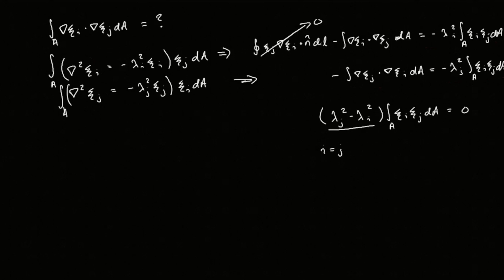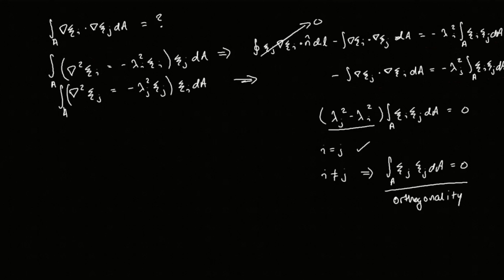If I is not equal to j, then we must have the area integral Ci Cj dA is 0. This is the orthogonality property. This is a very useful property for us. It makes a lot of the analysis we're going to do really easy. That's orthogonality.